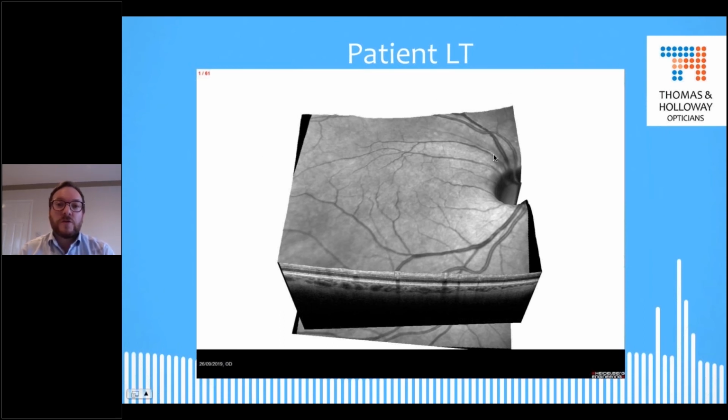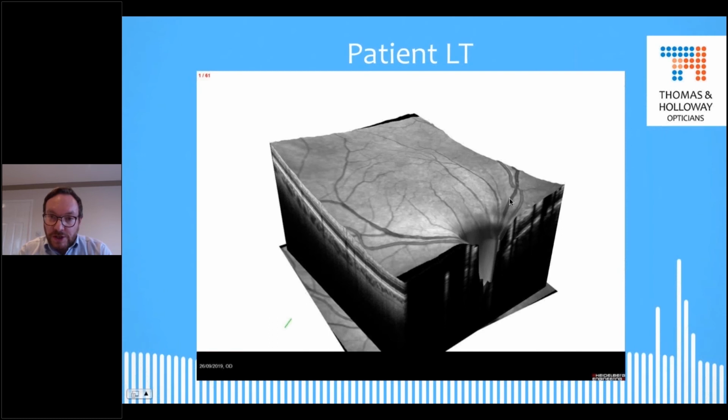The RNFL has lost its luster, and we've got that dark arc just here. And again, when we look at it in cross section, you can actually see, when I pull that round into a different angle, the gully that's been formed there, where this notch is in the temporal superior segment of this right eye.